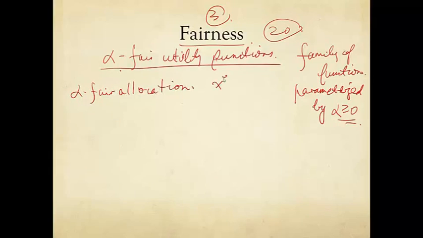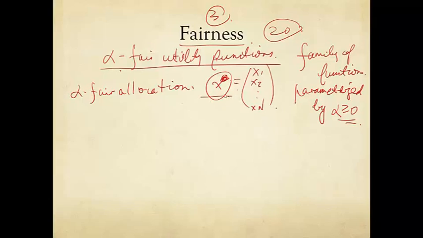Suppose there is a vector x, okay? It's a vector that allocates some good resources, x1, x2, up to xn, among the n users competing against each other.